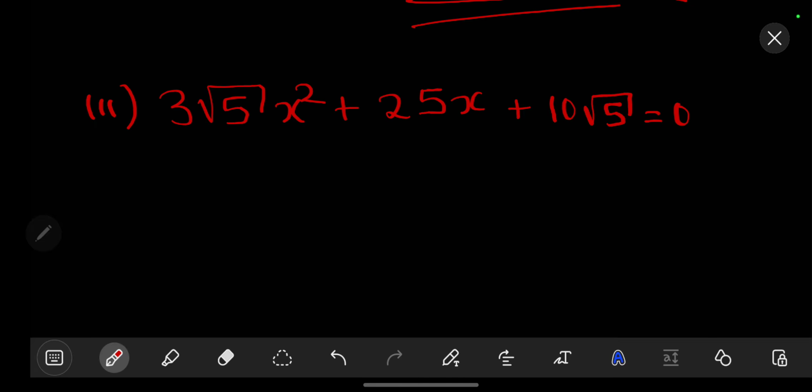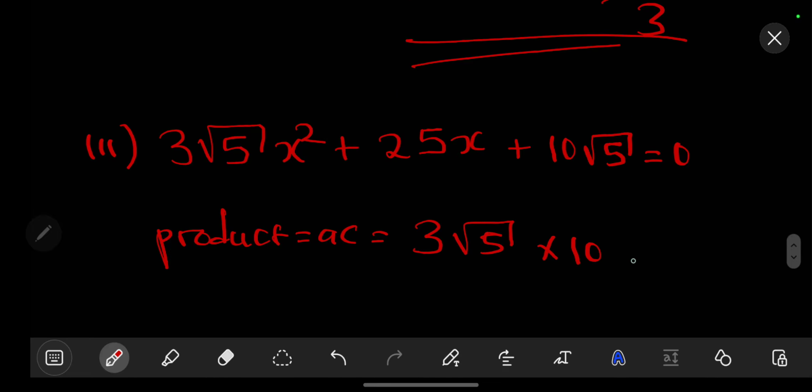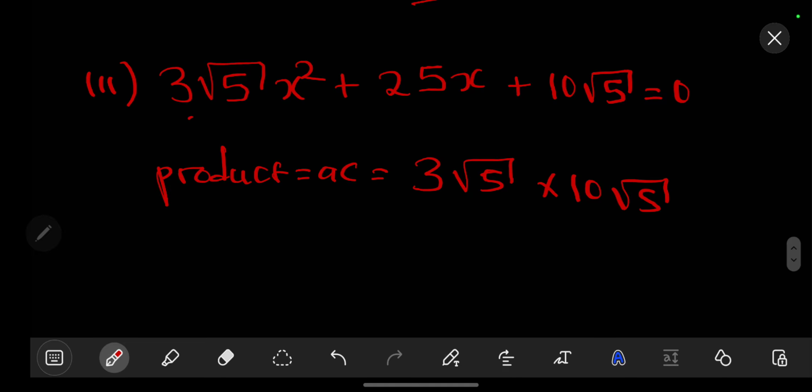So from here, we are going to say the product should be equal to AC, which is equal to 3 in this case, square root of 5 times the 10 square root of 5. So remember, this is your A, this is your B, this is your C. So we are going to have the numbers outside, they multiply. 3 times 10, sorry, will give us a 30.